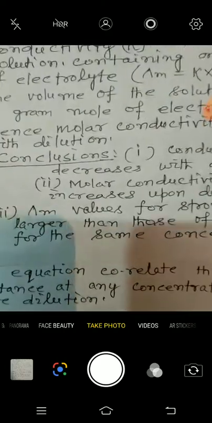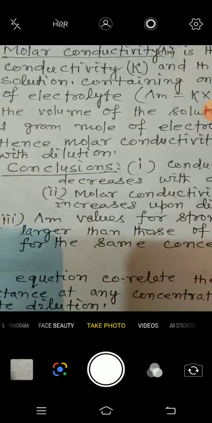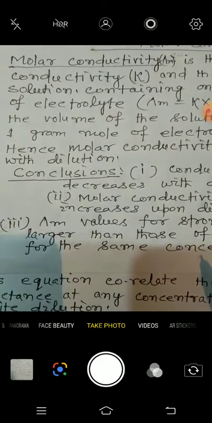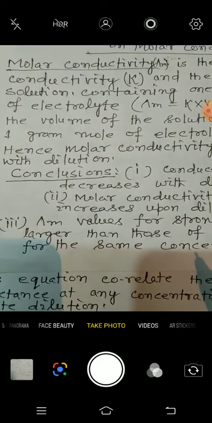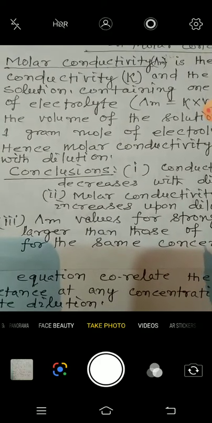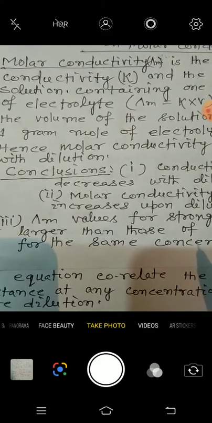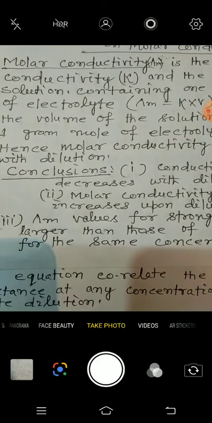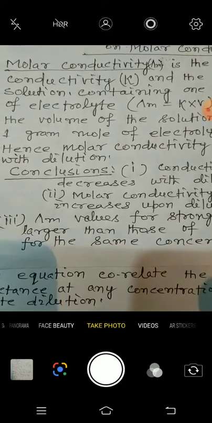So, here is a matter: will molar conductivity increase upon dilution without any limit, or is there a limit?